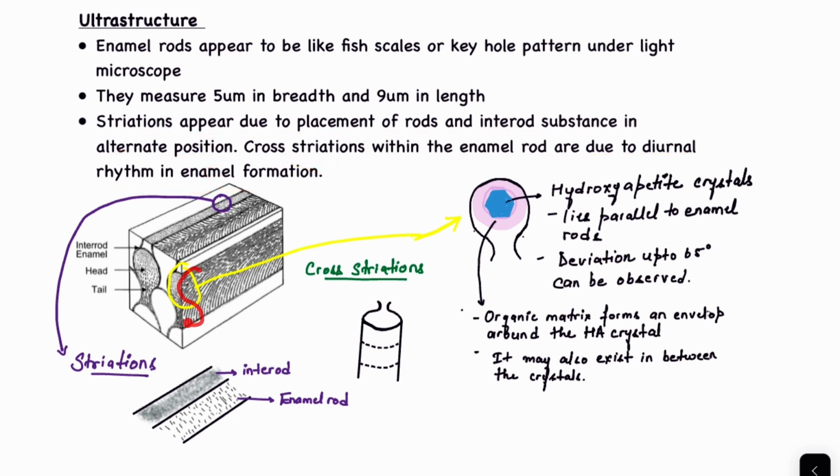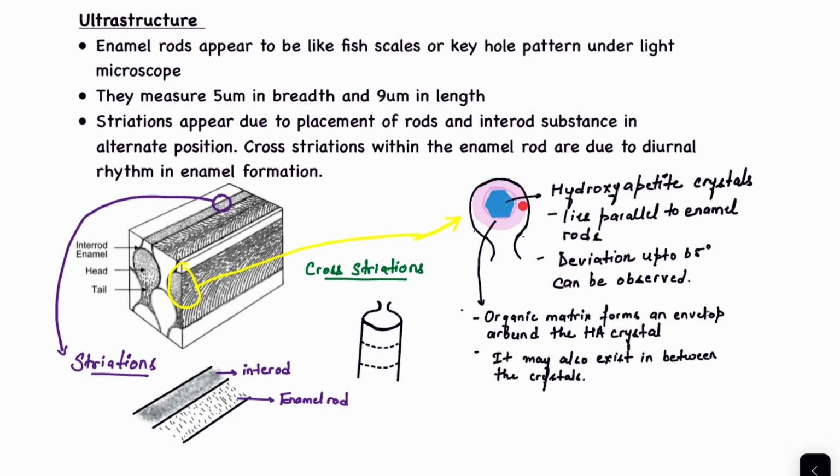Now, what is the enamel rod made up of? It contains hydroxyapatite crystal. If I cut over here, there will be one crystal over here. So this is made up of hydroxyapatite crystal. It lies parallel to enamel rods. You had seen in the previous slide that it was hexagonal in shape.